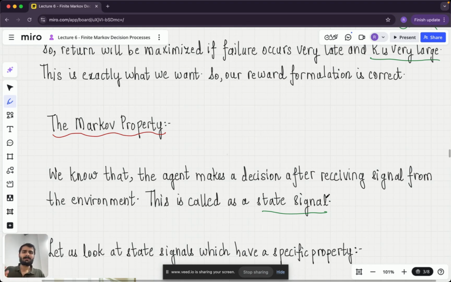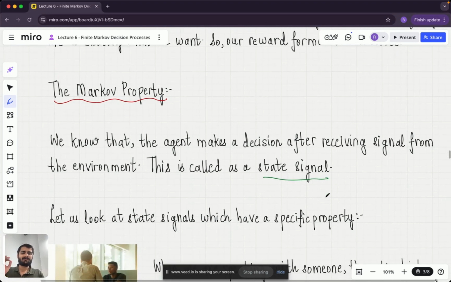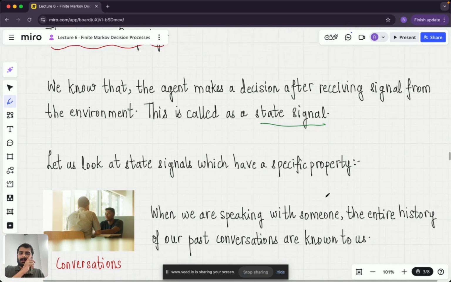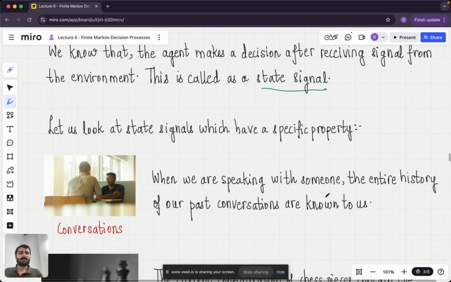Now let us look at some examples where the state signals have a very specific property. Whenever we are having a conversation with someone, the entire history of our past conversation with this person is known to us, and this entire information is stored in our mind, and we are speaking by accessing this information which is already stored in our mind.